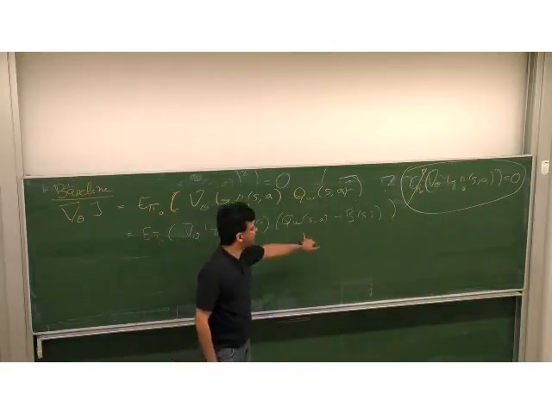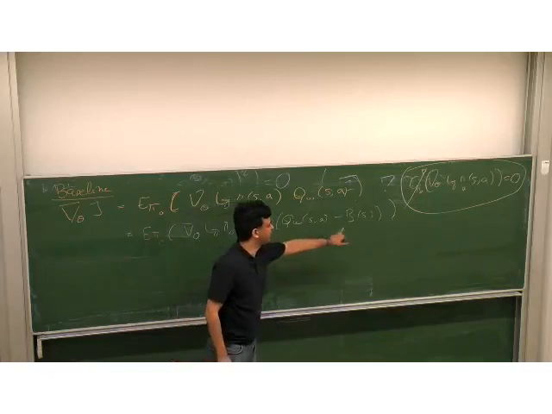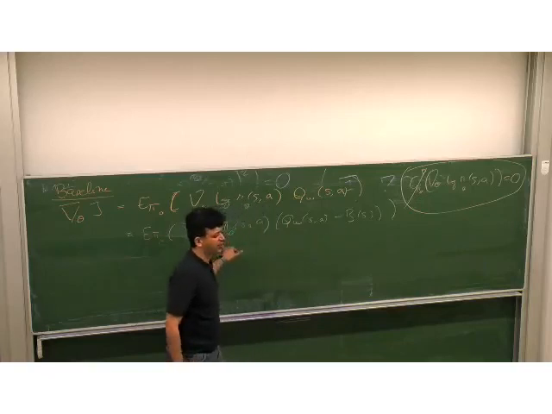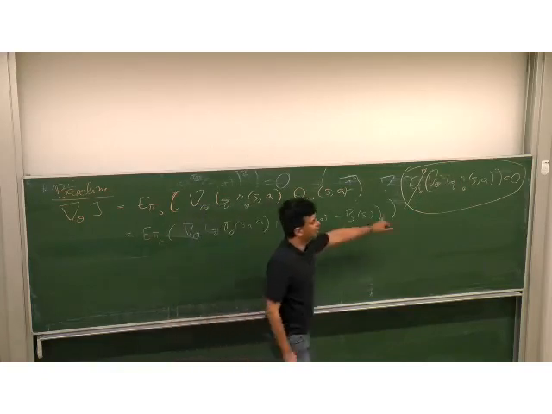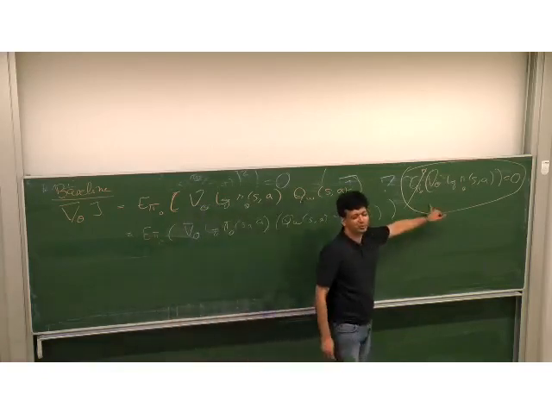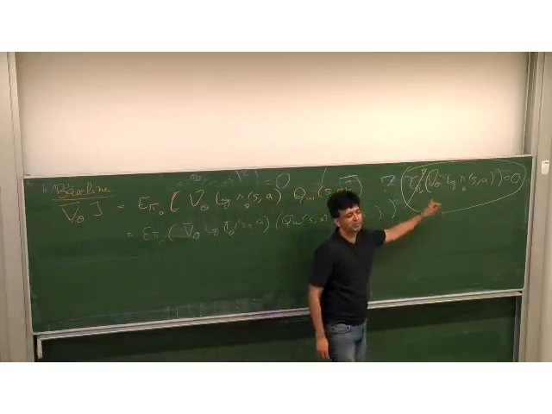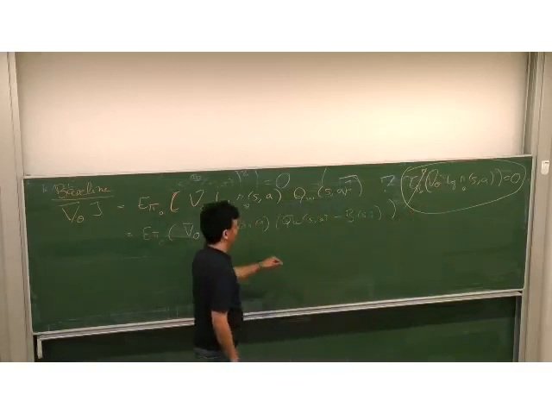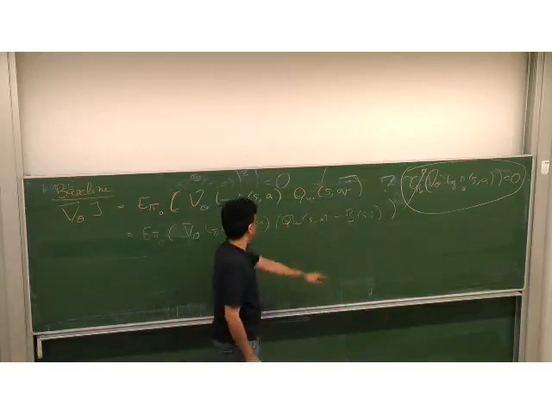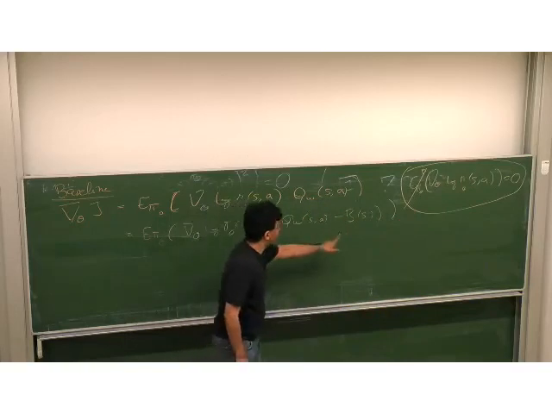So anything that does not depend on pi theta, if I multiply that and take the expected value, that will be 0. This is a very simple fact about all score functions, not just about this score function, but any score function. This is why that thing is 0. And so we can change this thing.